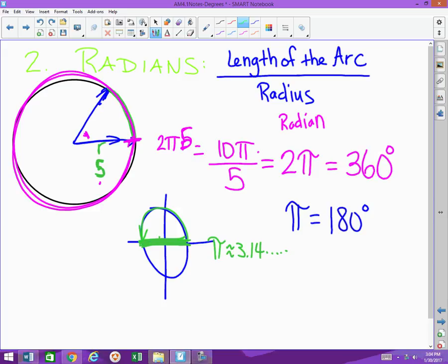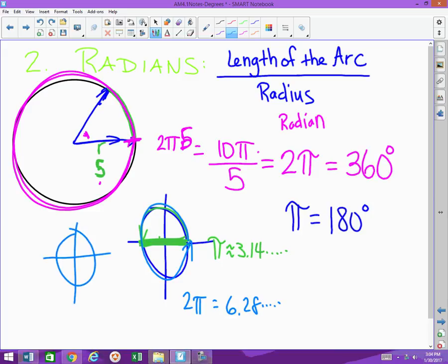And if you were going from here all the way around to there, that is 2 pi radians. And 2 times pi is like 6.28 and stuff. So in a circle, if you're just estimating, pi to there is like 3.14, so 3 is about right there.